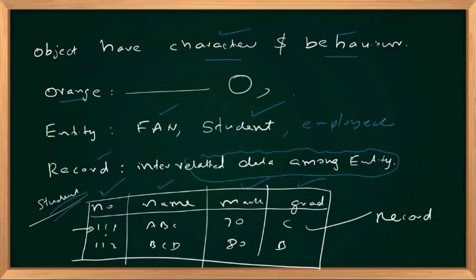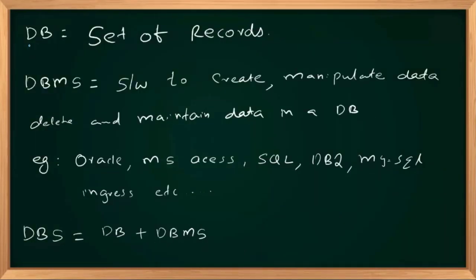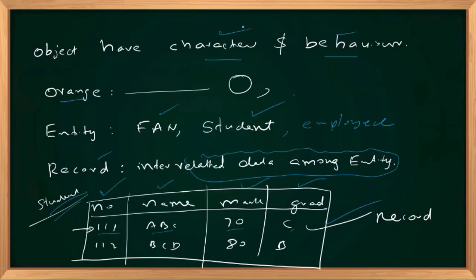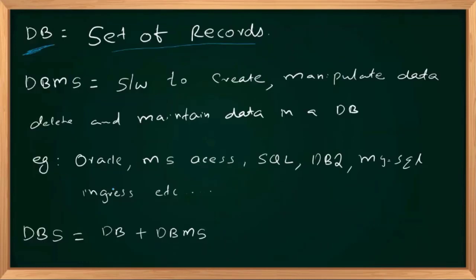So the interrelated data is number 111, name ABC, mark 70, grade C. This entire row of information, the interrelated data, is called a record. In a tabular model, a row value is known as a record. What is a database? A database is a set of records. For example, this is the first record, this is the second record. So a database is a set of records.